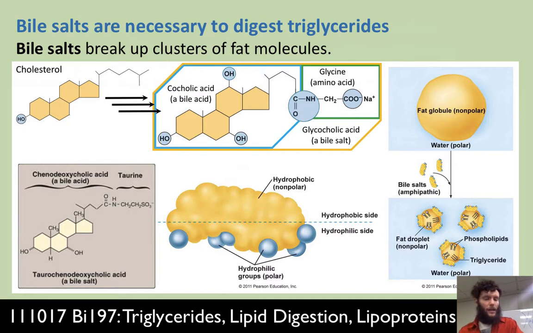So the process of making a bile salt is essentially the process of putting polar groups on it. So you can see on this thing that is in Wes's hand here, a number of these hydrogen atoms, these little white balls that are sticking off of it, get replaced by more of these red and white hydroxyl groups.